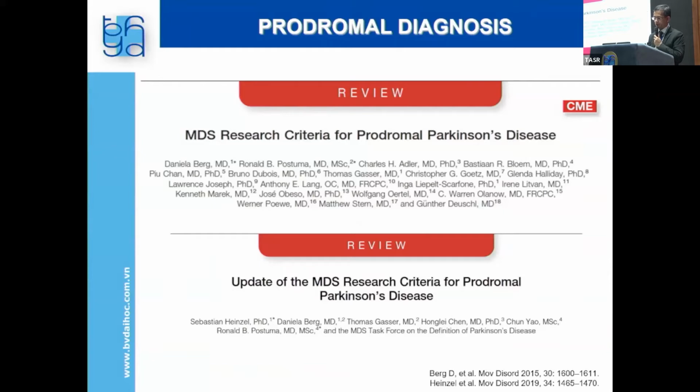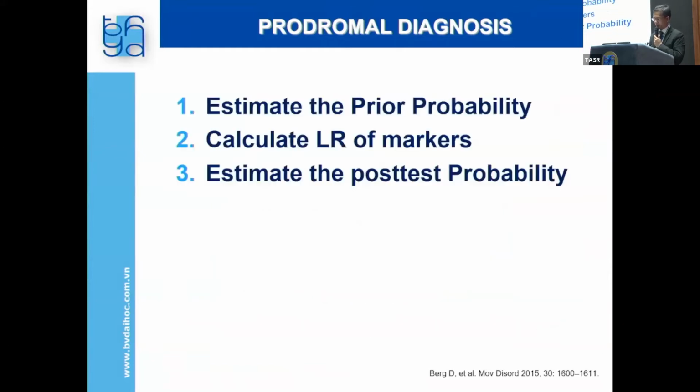But you know, this is just the research criteria. In this criteria, we must do three steps. First, we estimate the prior probability, second, we calculate the likelihood ratio of each marker, and third, we estimate the post-test probability.